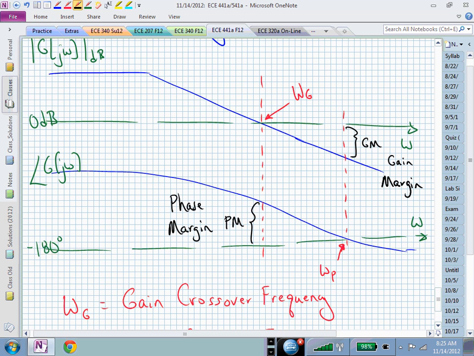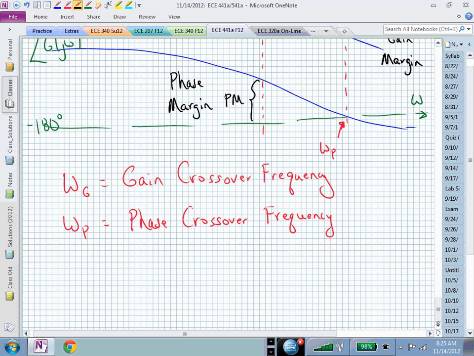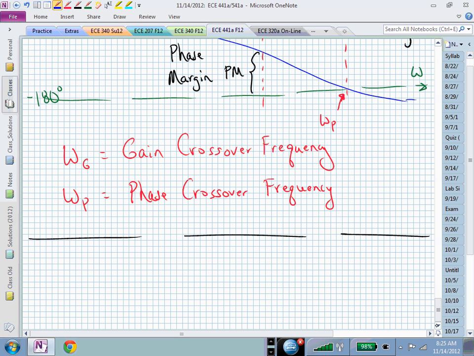Those are some of the trade-offs, but that's what we want to get comfortable with, which is designing these controllers or compensators to shape these frequency response curves.